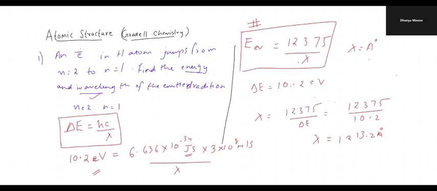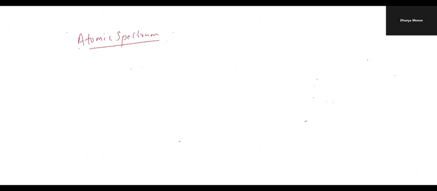Now, moving on further, students, suppose an electron is jumping back from energy level 2 to energy level 1.